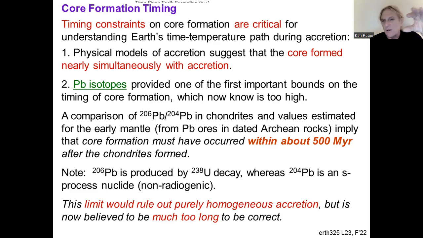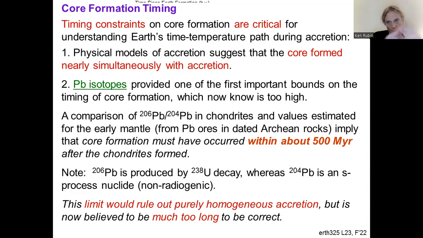We look at that in chondrites, and we look at that in very old galena ores, lead-rich ores that formed very early in Earth's history, and then had their lead isotopic composition locked in, okay? And that tells us that we had to have segregated out a core to within about the first 500 million years after chondrules were formed.